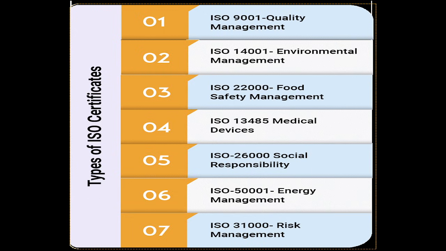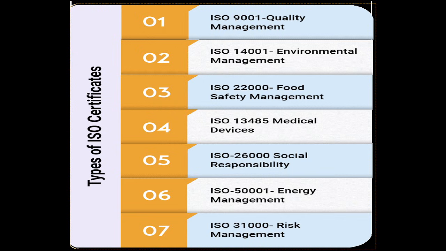The next is we do have a number of ISO certifications. Number one, ISO 9001, which deals with quality management. Then certification number two is ISO 14001, which deals with environmental management. Number three is ISO 22000, which deals with food safety management.